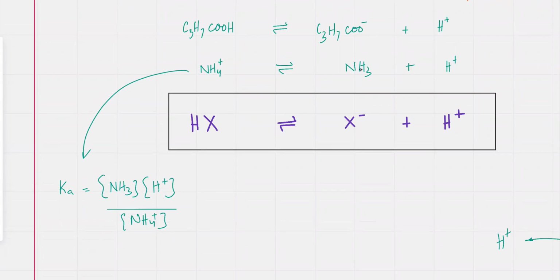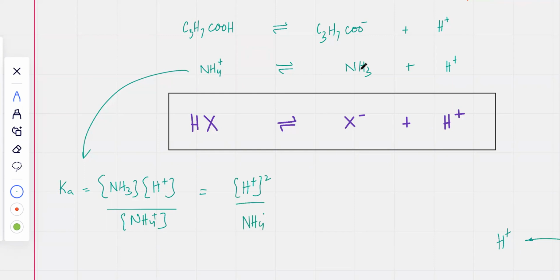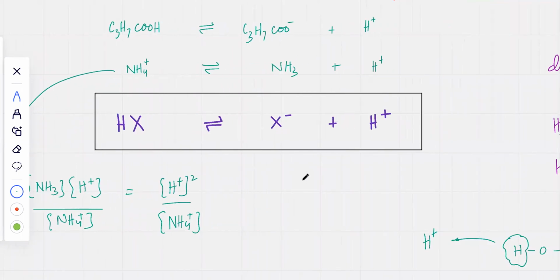So over there we can write H plus squared upon NH4 plus. So I can write that as the H plus 1 concentration squared divided by the NH4 plus 1 concentration. Okay, so that's going to be my acid dissociation constant. Is this clear? Yes, sir.